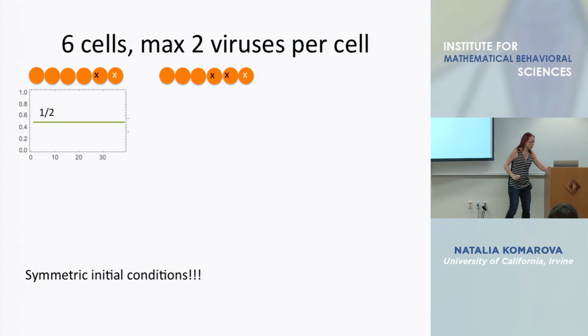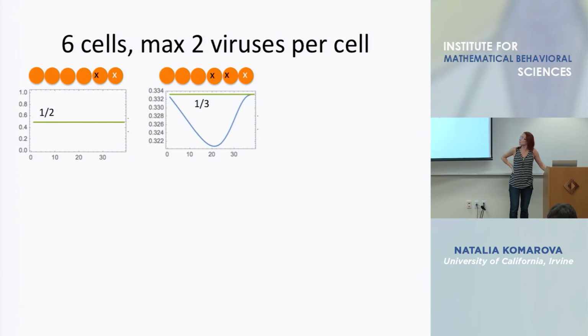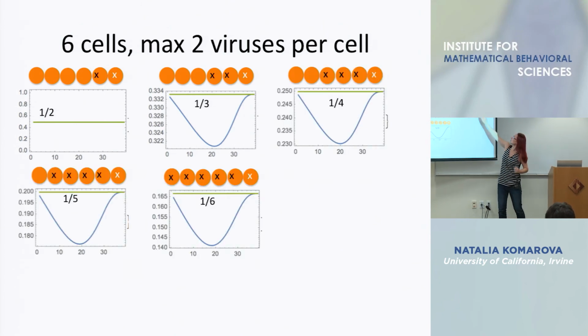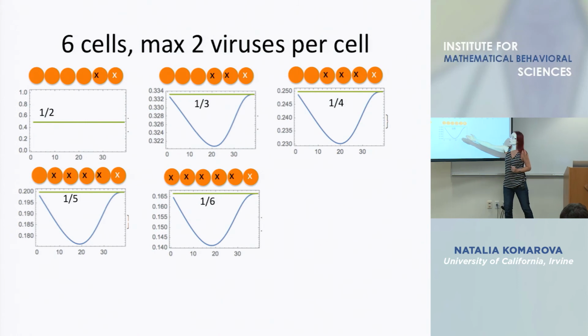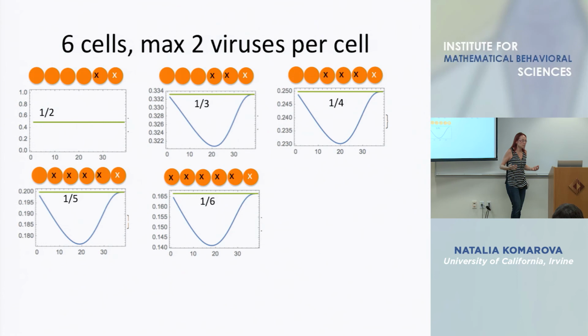You expect 1/3, but it's not 1/3. It changes with infectivity. And this symmetric initial condition also gives you less than 1/4. So in fact, you expect 1/4. But because the mutant is the minority, it loses. The probability of invasion is less than 1/n.